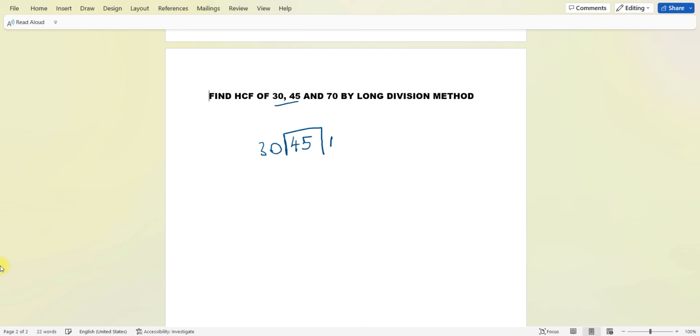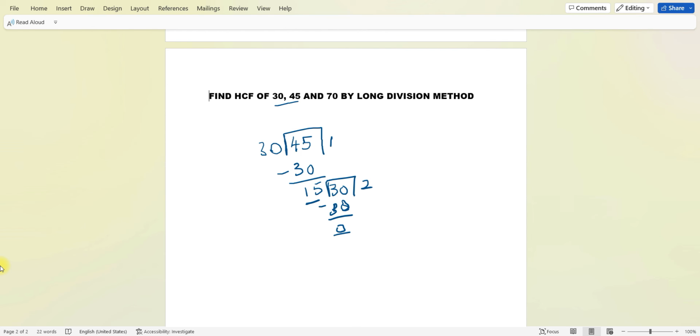So it is 1 time, and I get a remainder of 15. So I will take the previous divisor, that is 30, inside. So it is 2 times 30, and I get the remainder as 0. So the HCF of 30 and 45 is 15.